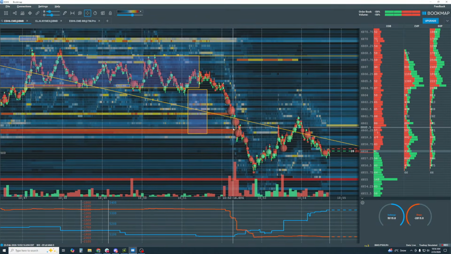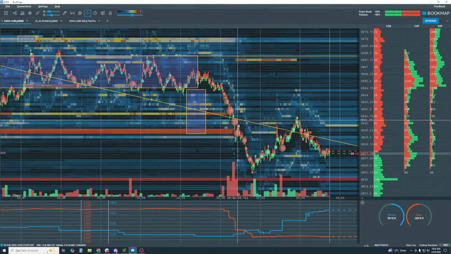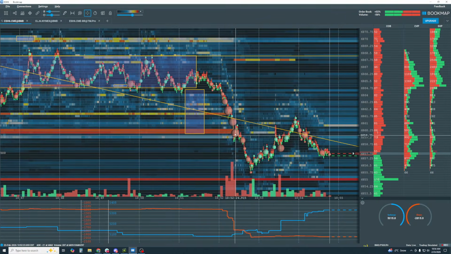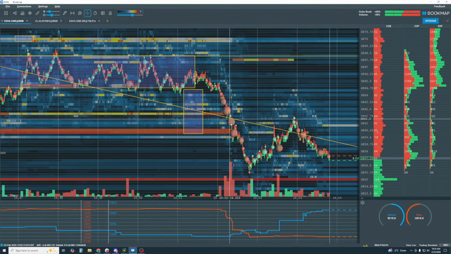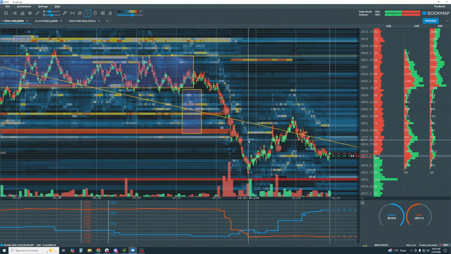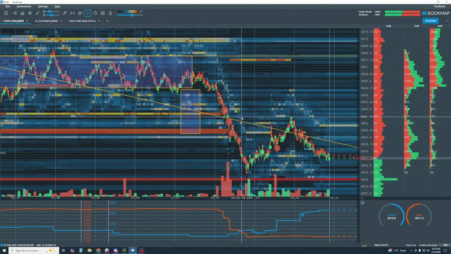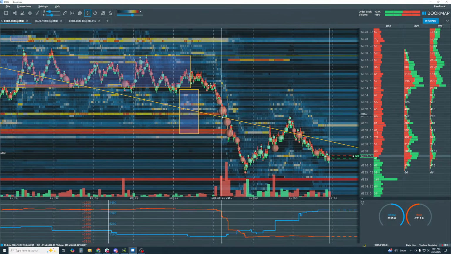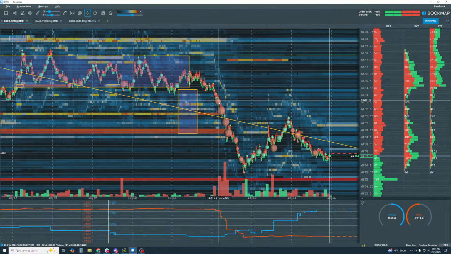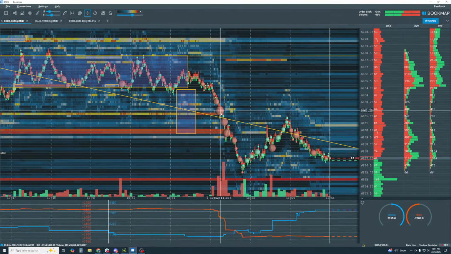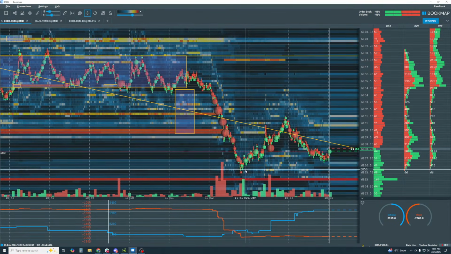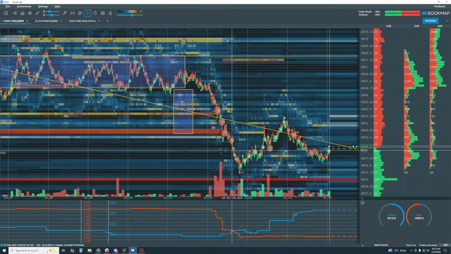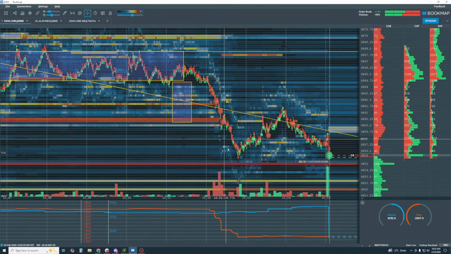All right, so let's see here. Kind of an interesting move here, more of an impulse move down. It's kind of tricky on some of these impulse moves when we don't see the volume all the way through the impulse move, like in here. Look at the area down in here.